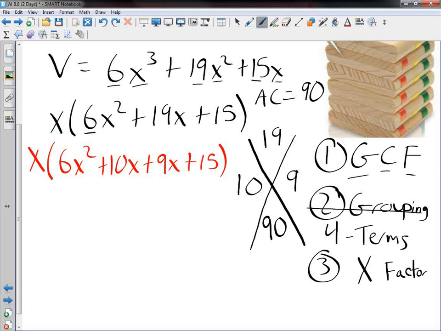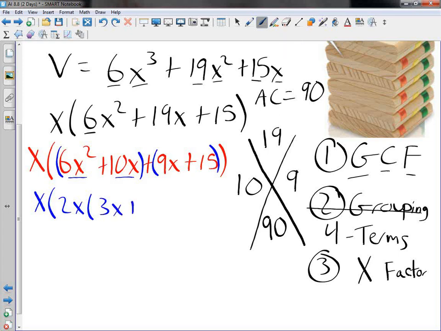Now I need to look at the first 2 and last 2 terms. 6x squared and 10x, they both have a 2x in common, leaving me with 3x plus 5. 9x and 15, they both have 3 in common, which leaves me with 3x plus 5.